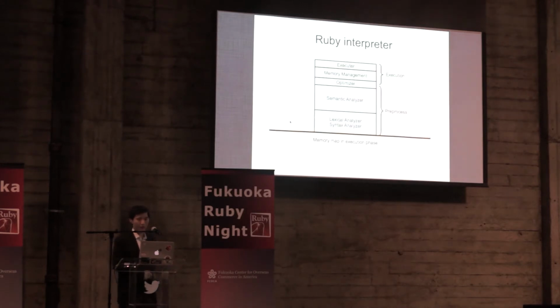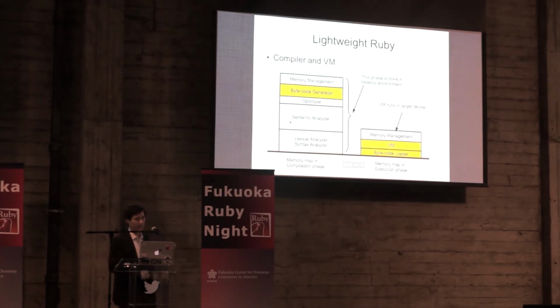That is the memory map of the Ruby language. Ruby analyzes the semantics. The lexical analyzer and other analyzers analyze the semantics of the Ruby source code, then optimize, then execute. But we separate the interpretation phase and the execution phase, like this.